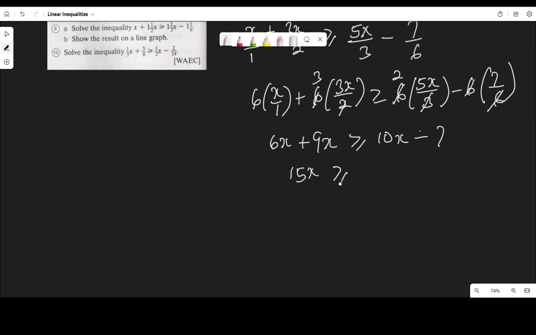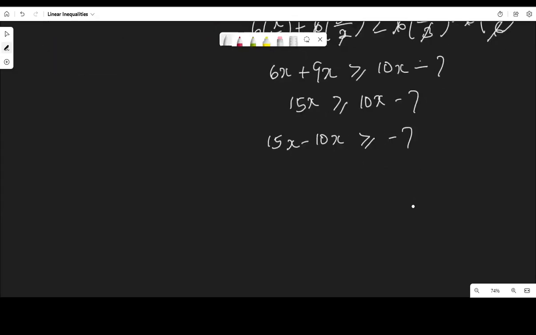Is greater or equal to 10x minus 7. Collecting items, this plus 10x, when it crosses to this side, becomes minus 10x. So I'll have 15x minus 10x is greater or equal to negative 7. 15x minus 10x is 5x, greater or equal to negative 7.